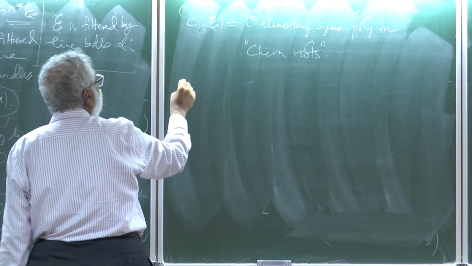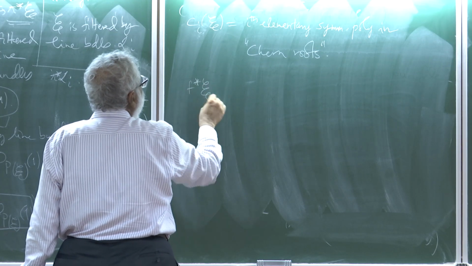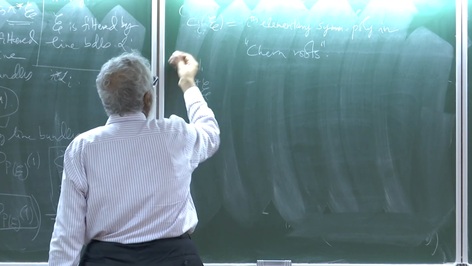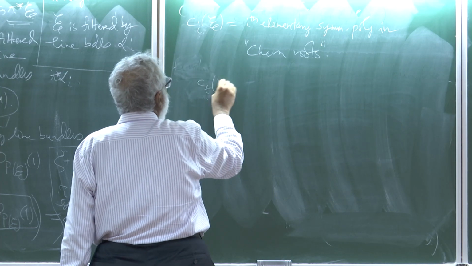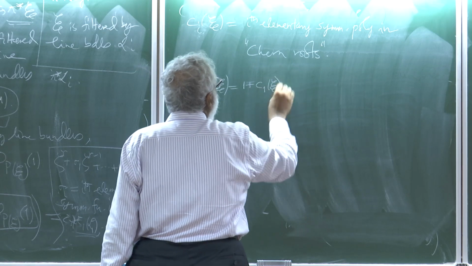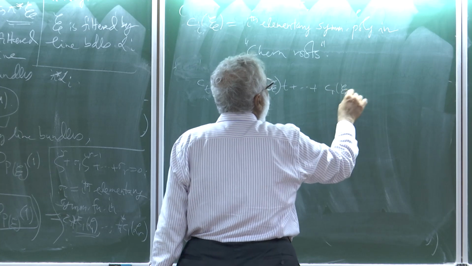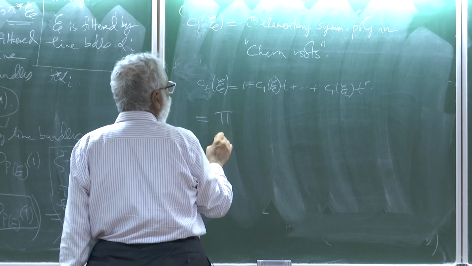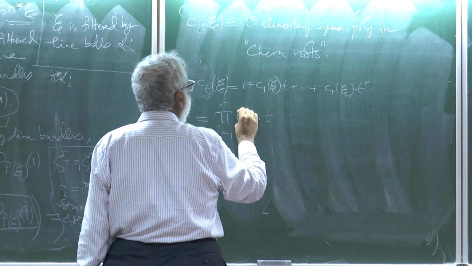So what are the Chern roots? Basically, if I have this splitting map for E, if F was a splitting map, let me say it like this. You just take the total Chern polynomial C_T(E), which is 1 plus C1(E) times T plus and so on up to CR(E) T raised to R, and I factorize this in a formal way, as the product of 1 plus alpha i T.